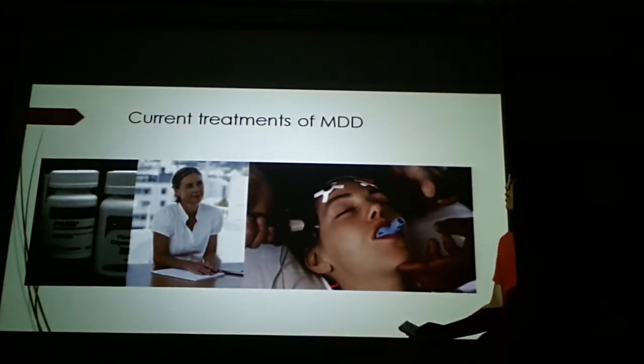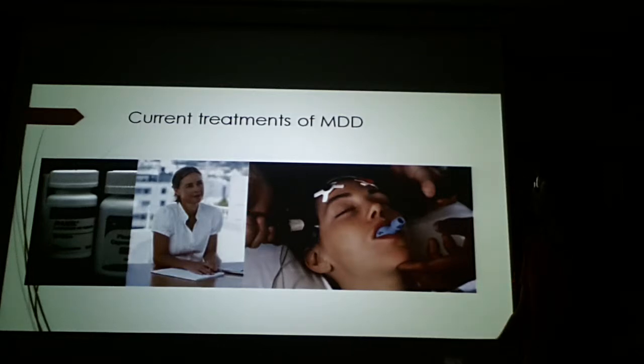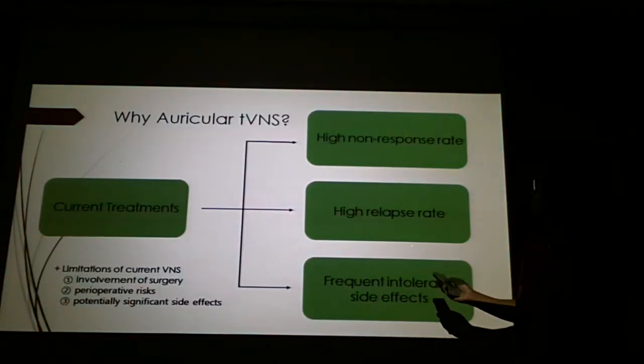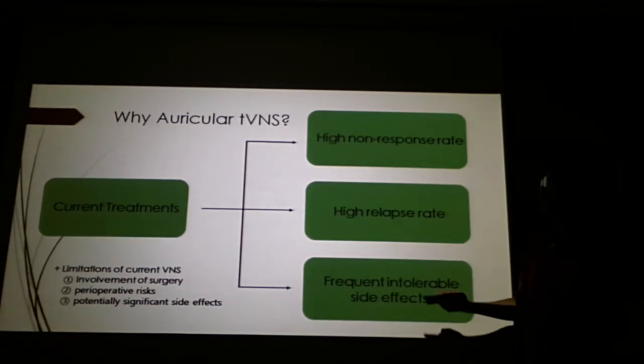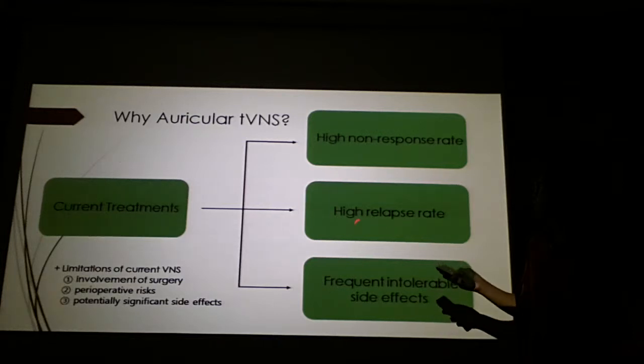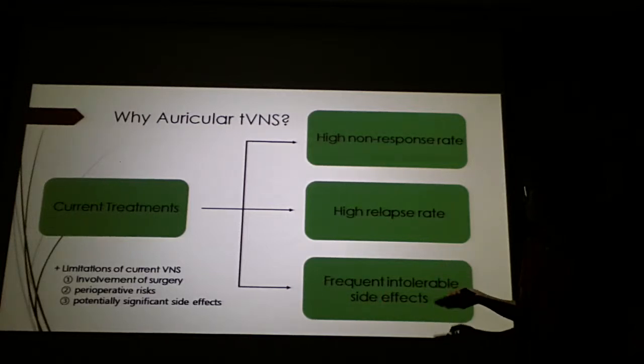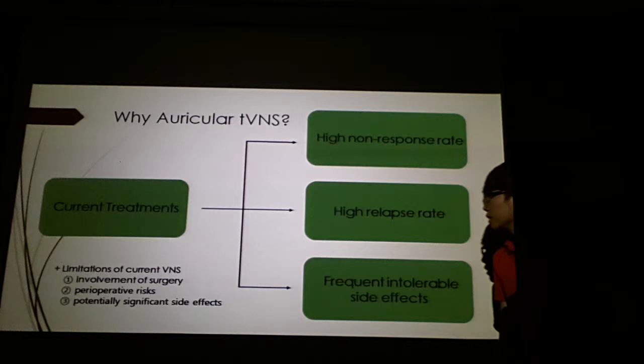But these current treatments have weaknesses, and there are 3 weaknesses. Current treatments have, first, high non-response rate, meaning that it doesn't work at all. And second, high relapse rate. The possibility is very high of getting the disorder again later. And the third, frequent intolerable side effects.